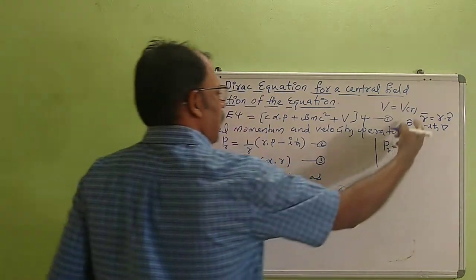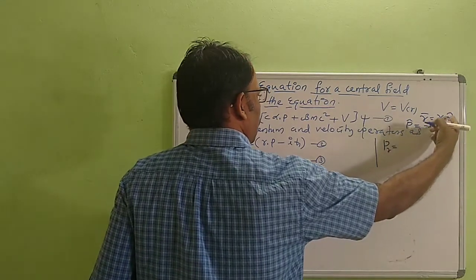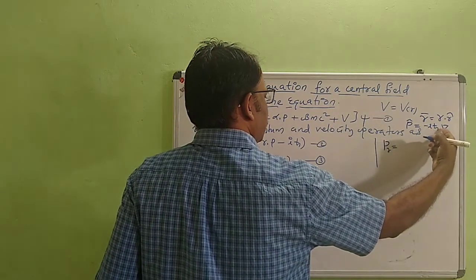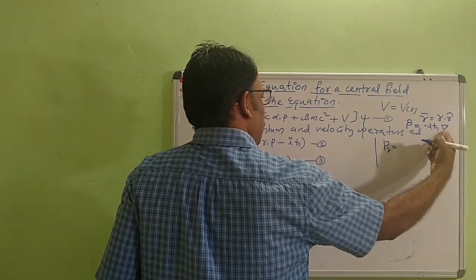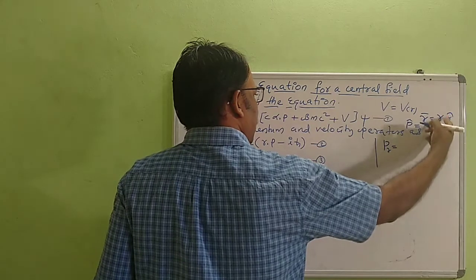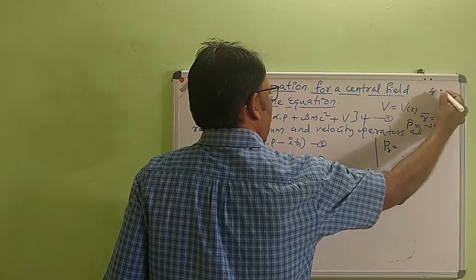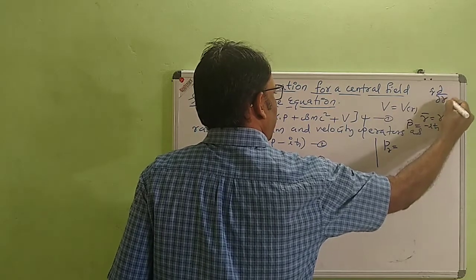So r dot P means r cap dot minus i h bar del, the component of del along the direction of r, which we can take as r cap dou by dou r.